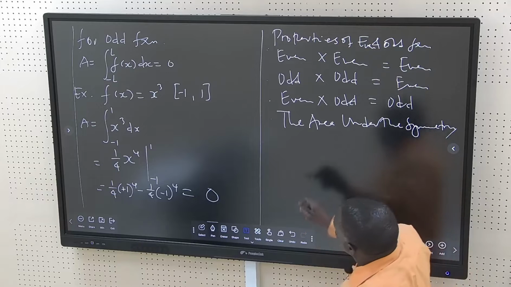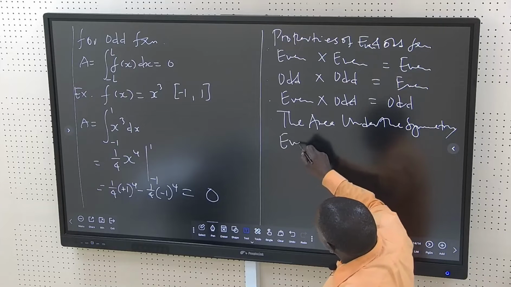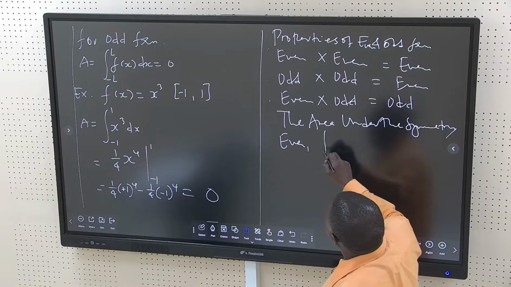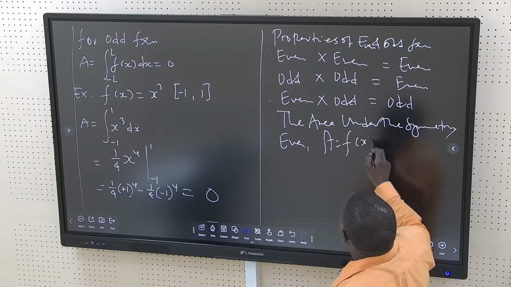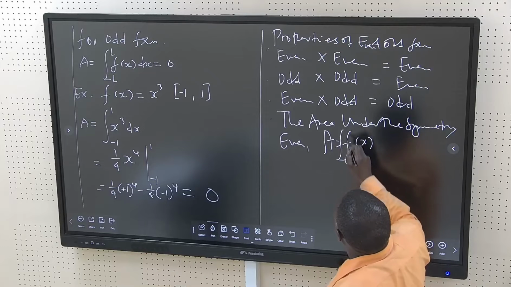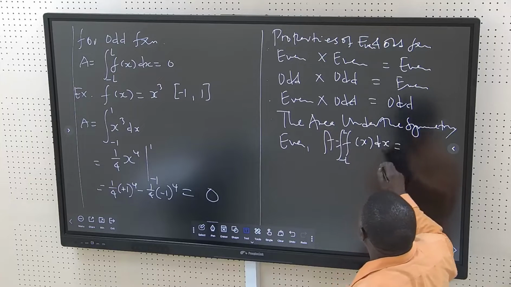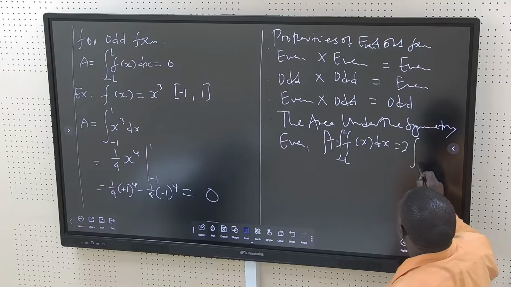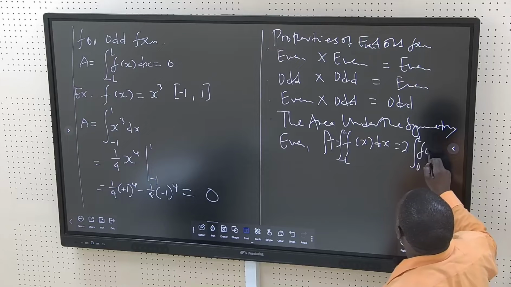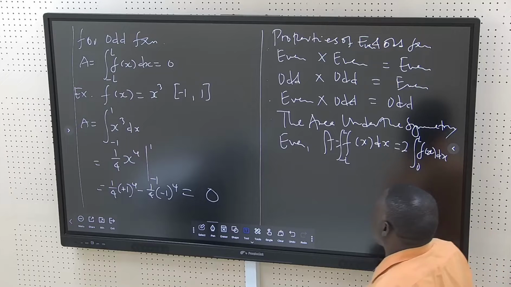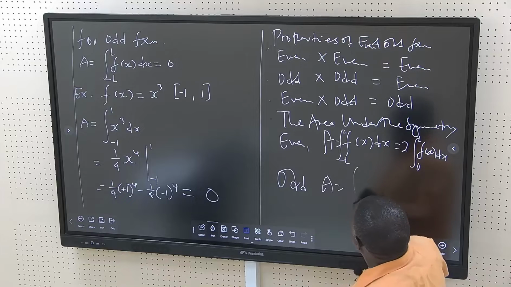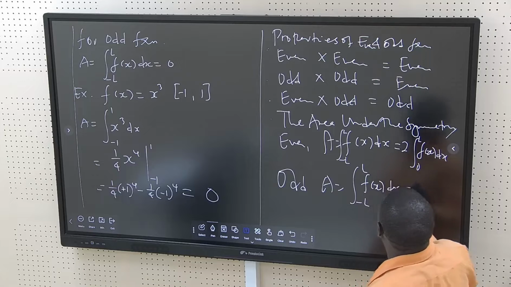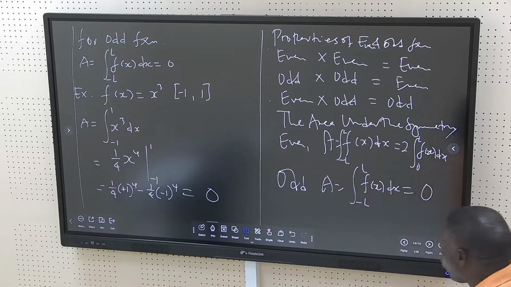For an even function, the integral of f of x from negative L to L with respect to x is the same as twice the integral from 0 to L of f of x with respect to x. And for odd, the integral under the symmetric region from negative L to L of f of x with respect to x equals 0.